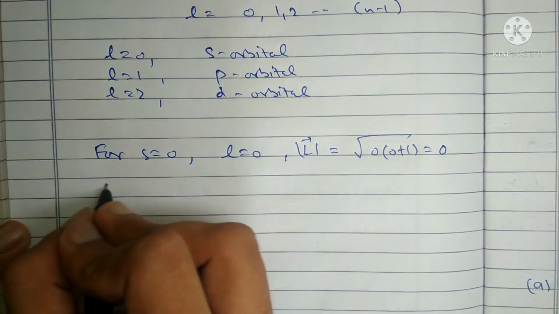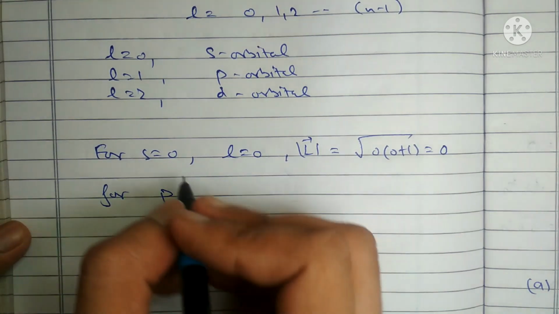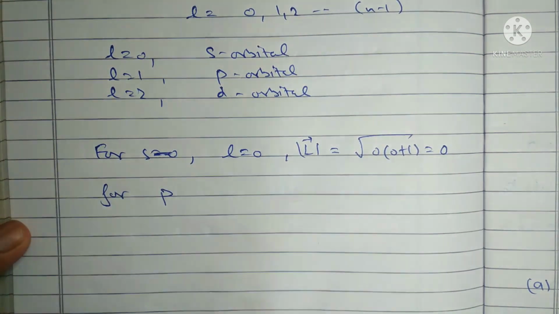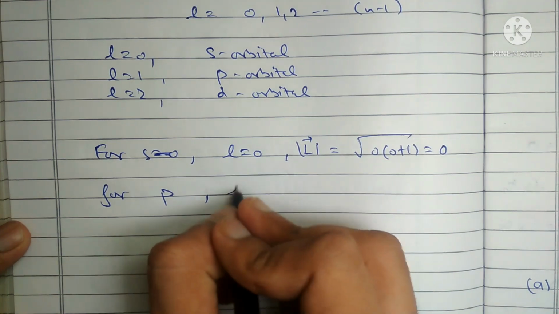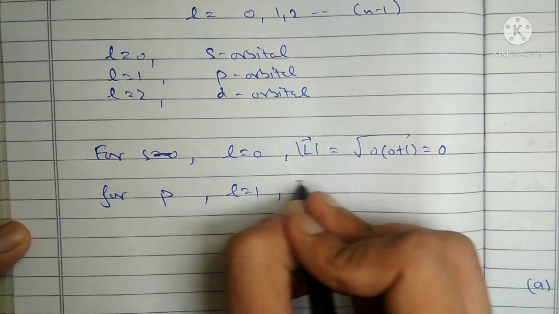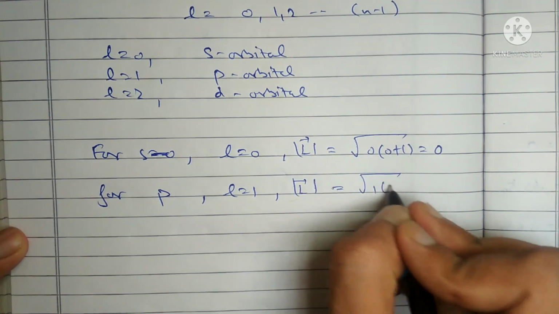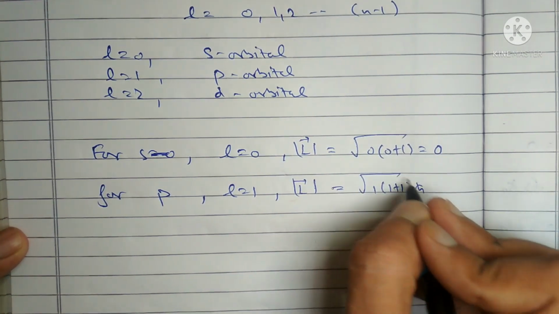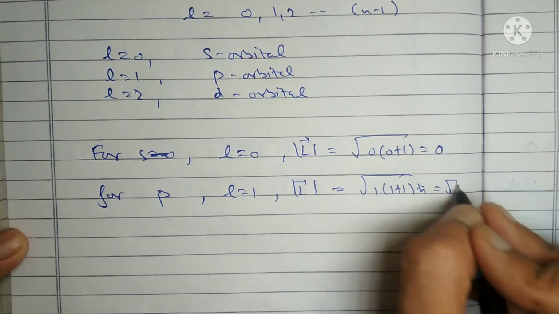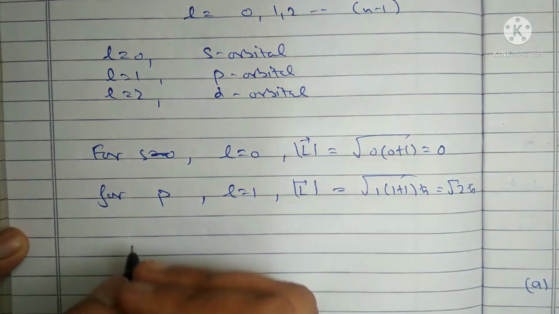For p, l is equal to 1, angular momentum is given as root 1 times 1 plus 1 h cross, which is equal to root 2 h cross.